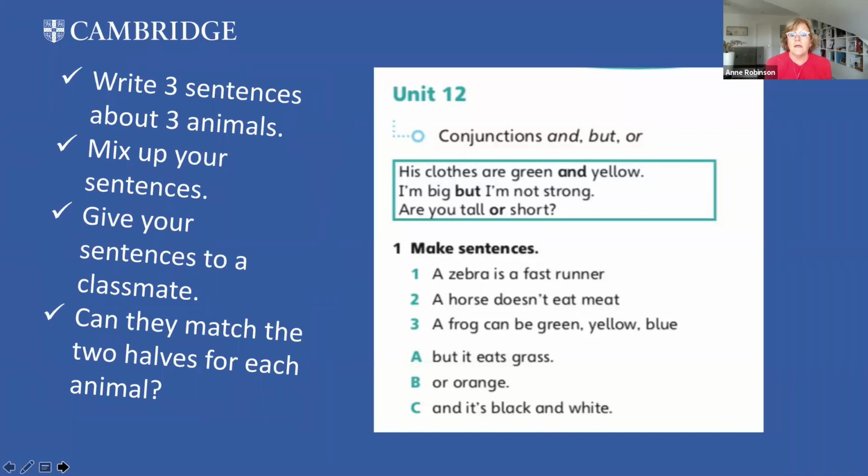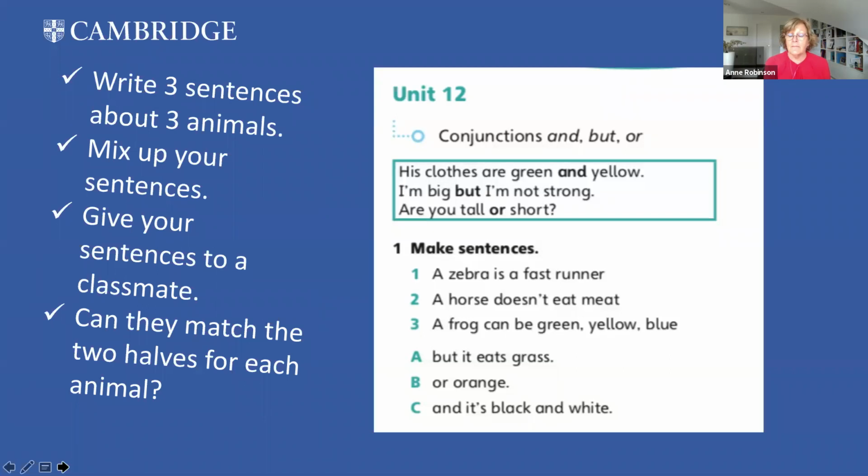You could specify, they have to be one with but, one with or, one with and, or it could be, I want you to write all 3 sentences with but, or all 3 sentences with or. And then they split them into the 2 halves, they mix them up like they have here, and their classmate has to match the 2 halves for each animal.